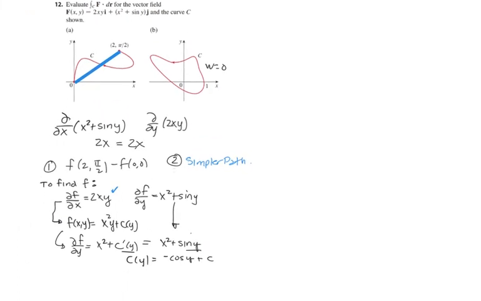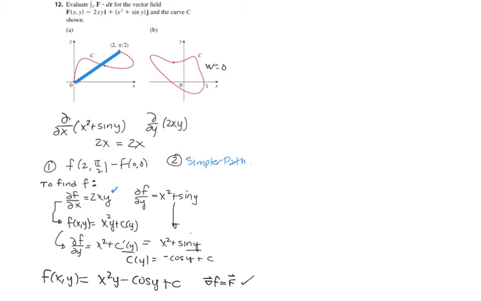So our potential function is x squared y plus c of y, where c of y is that. So x squared y minus cosine of y plus a constant. And I always check it right here to see if the gradient of f really does equal the vector field.